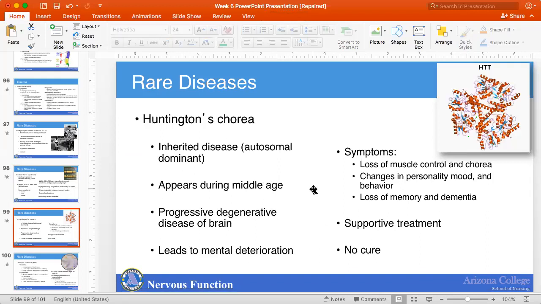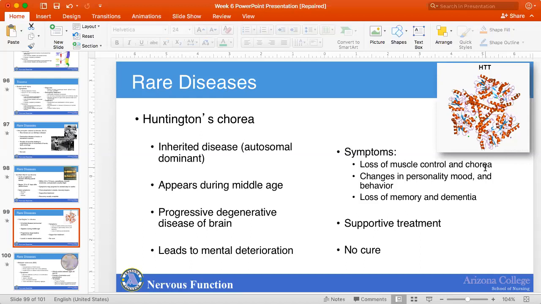Huntington's chorea is an inherited, autosomal dominant disease. It appears during middle age. It's a progressive, degenerative disease of the brain that leads to mental deterioration. Symptoms are loss of muscle control and chorea.